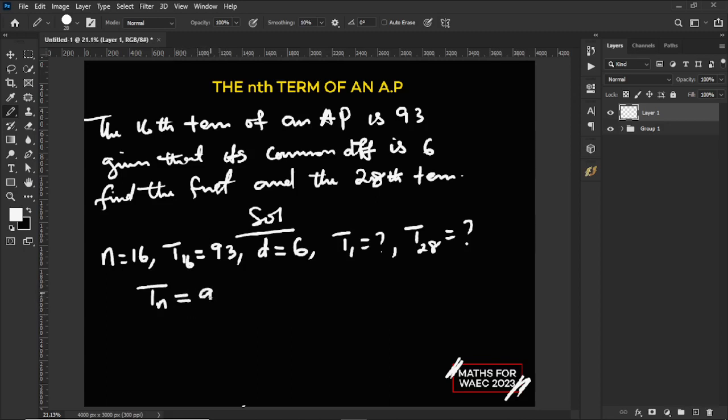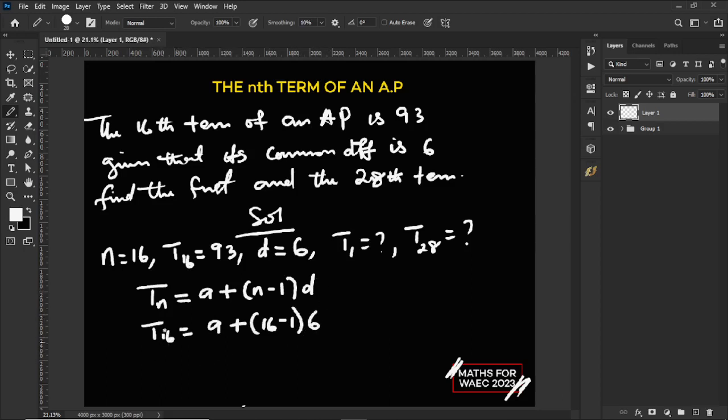So you have that it is A plus n minus 1 multiplied by D. You come by saying T16 is equal to A plus 16 minus 1 times D, that's 15 times 6.